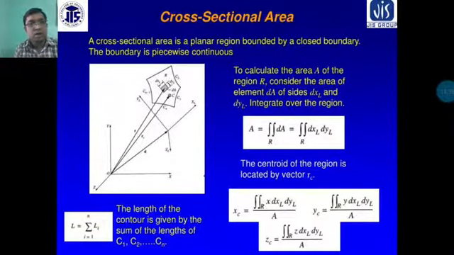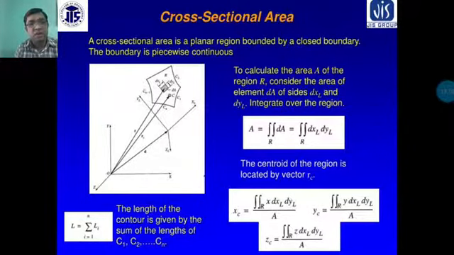The first thing is that A equals the double integral over the region R of dA, which equals the double integral of dxl dyl. And also you have to find the center of this region. Previously, you first calculate the length of the contour.